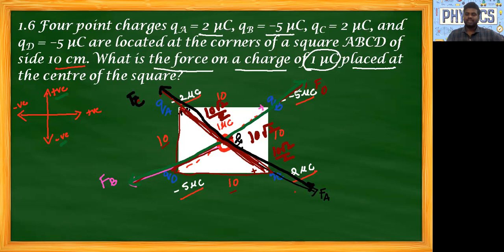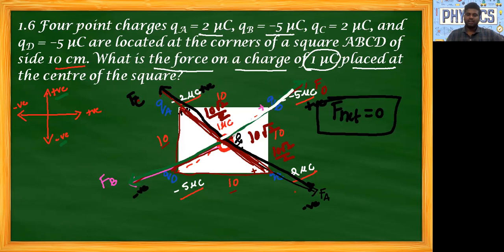One is positive, another one is negative. Then the total net force on the body at the center is 0. Clear? Simple concept here. Two equal and opposite forces, here also two equal and opposite forces with the same distance and the same charges. The direction is opposite, so our net force is equal to 0.